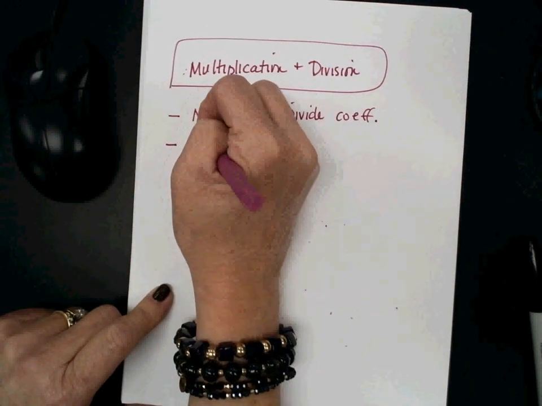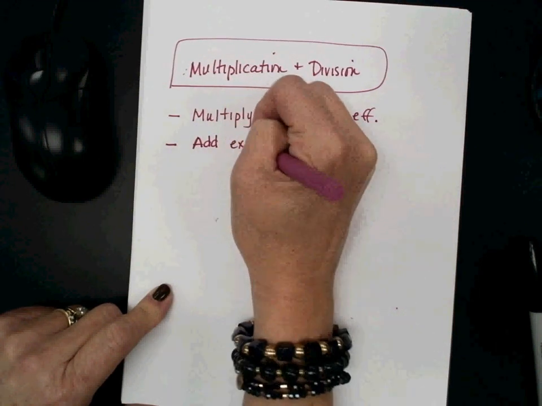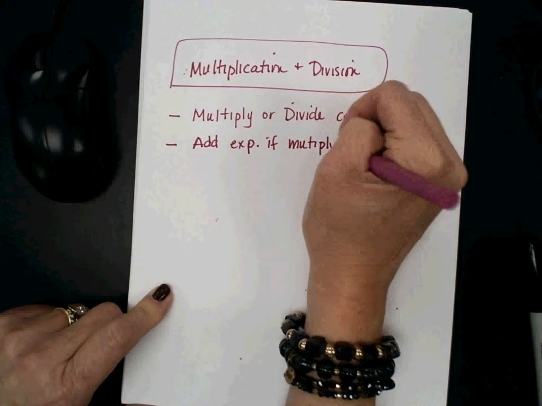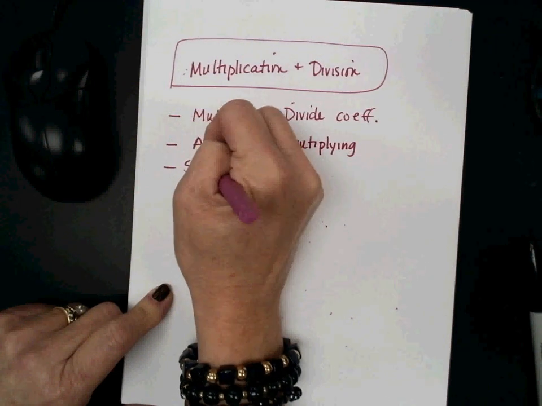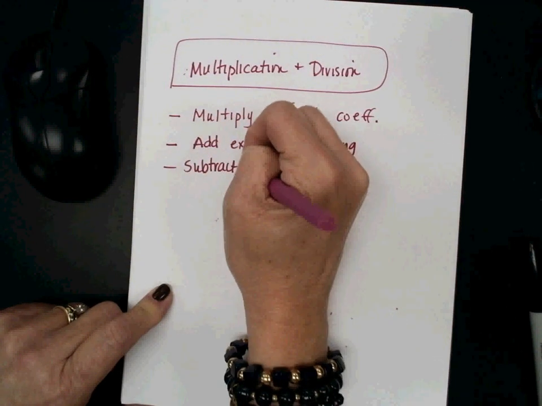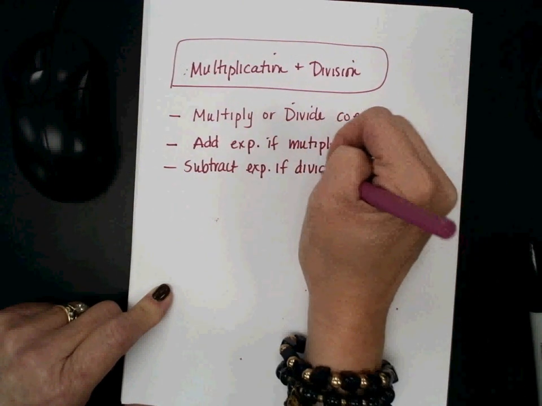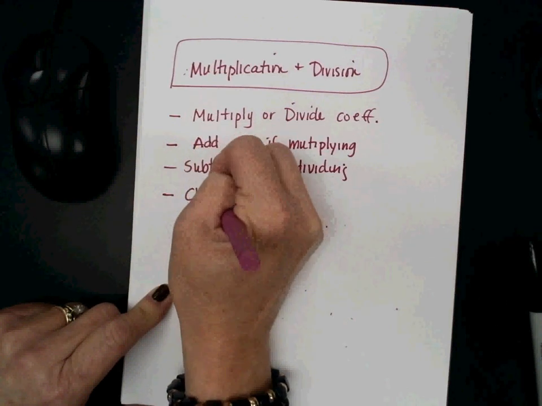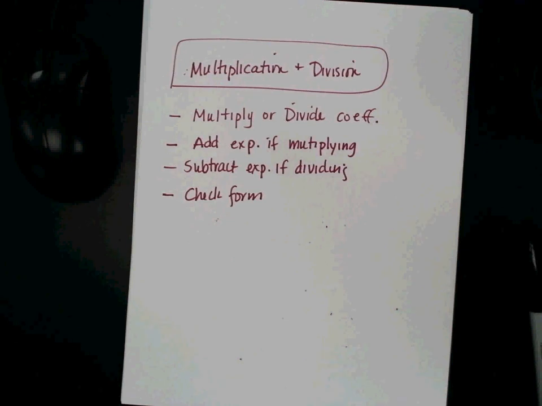You add exponents if multiplying. You subtract exponents if dividing. And the last thing you want to do is check your form and make sure it fits the parameters, the between 1 and 10 thing for your coefficient.